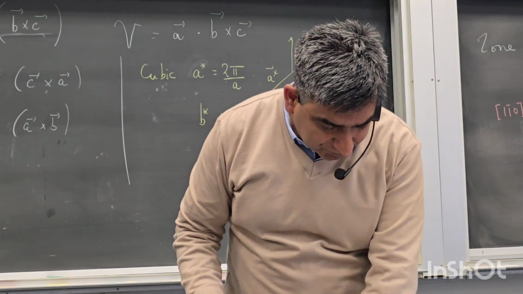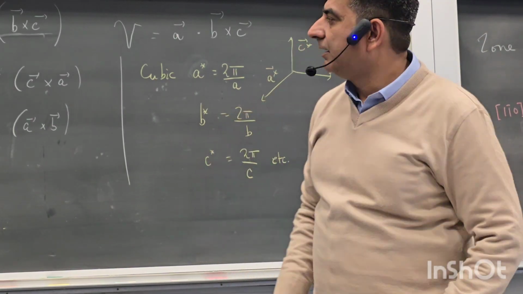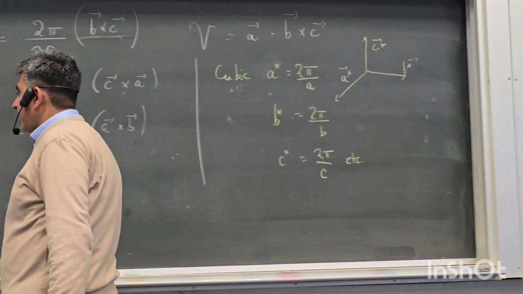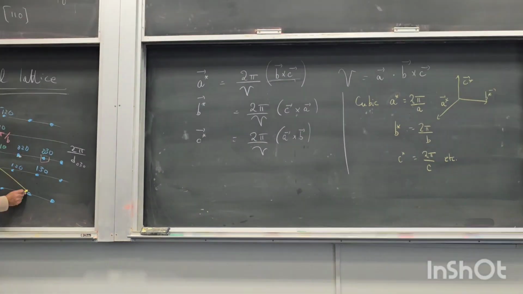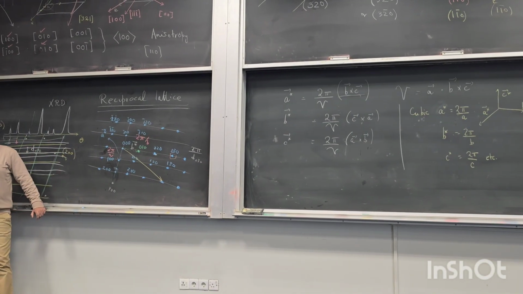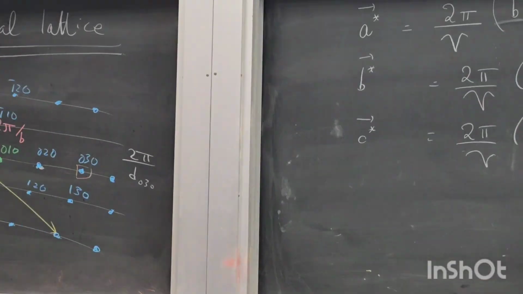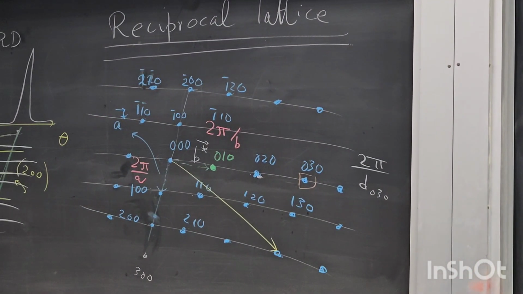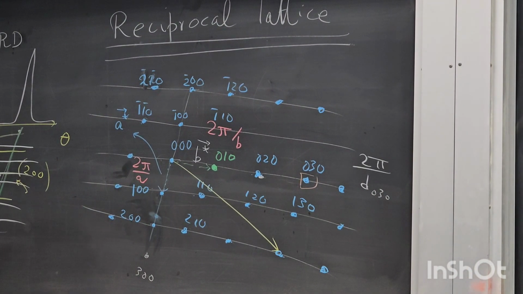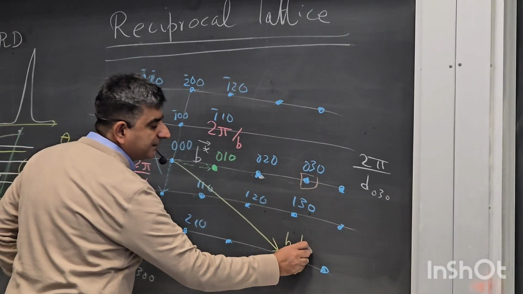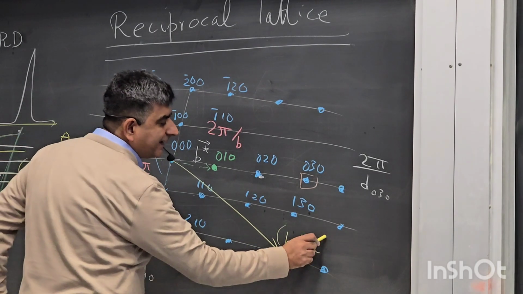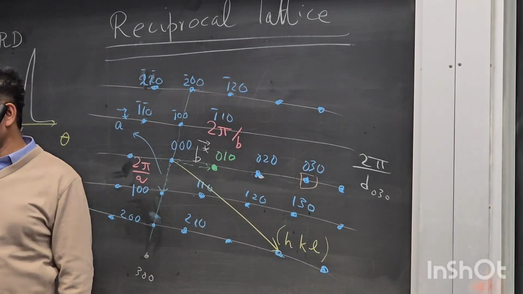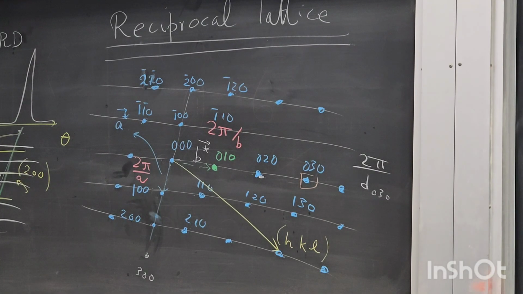Now, what I would like to mention is any point, say any point here, any point of the reciprocal space originating from the origin will have a certain vector in the reciprocal space. So if this point corresponds to the Miller planes HKL, right? So you can put parentheses here as well if you wish, because these points are actually corresponding to the Miller indices of the planes.